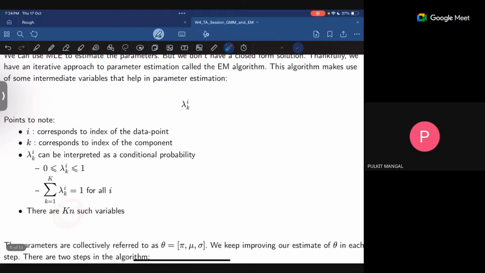And there would be kn such variables, because for each data point and each component, you will have one lambda ik value. So there are k components and n data points. So these lambda ik would be total k times n.